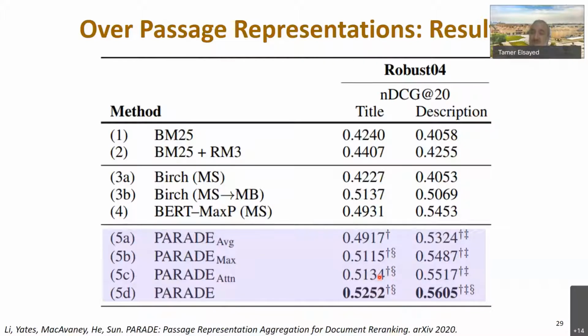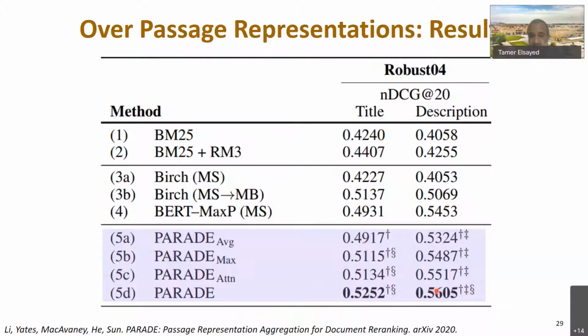It's not very far, but by a good boost. Okay, so here from 0.4 to 0.52. Of course, maximum and attention were not very far here, either in title or description. The difference was not much, but average was the worst of them, and the transformer was the best. Okay, so that's among the variants of Parade.